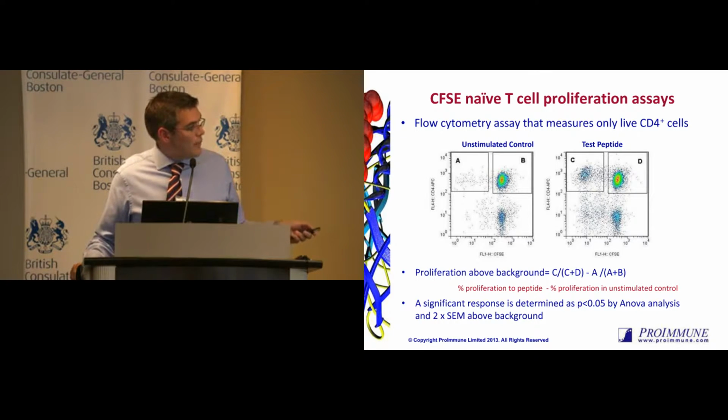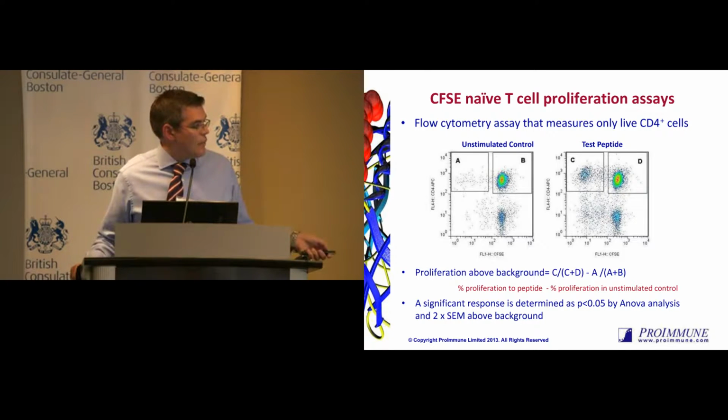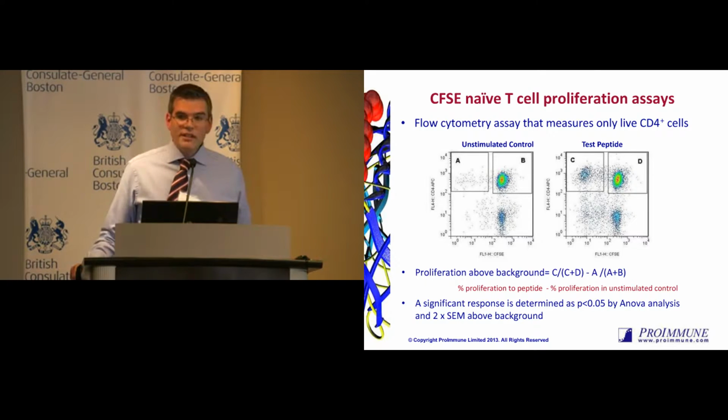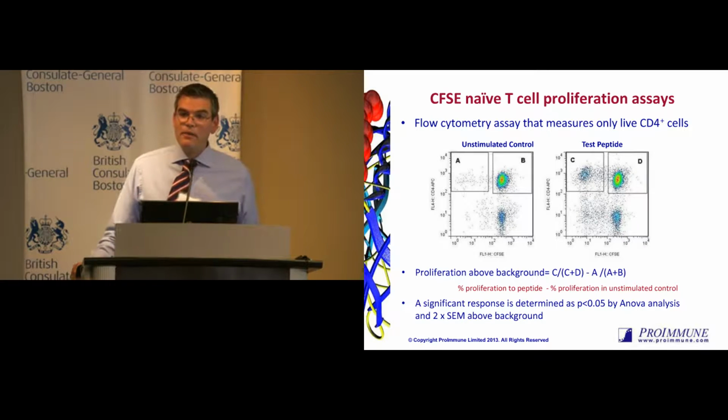Then we analyse each test article, test peptide, in sex duplicate. So this is 40 donors, sex duplicate analysis, and then we measure proliferation above background. We don't use a cell division index, which is something that we used to do. This is now a proliferation determined by subtracting the unstimulated control from the test peptide.